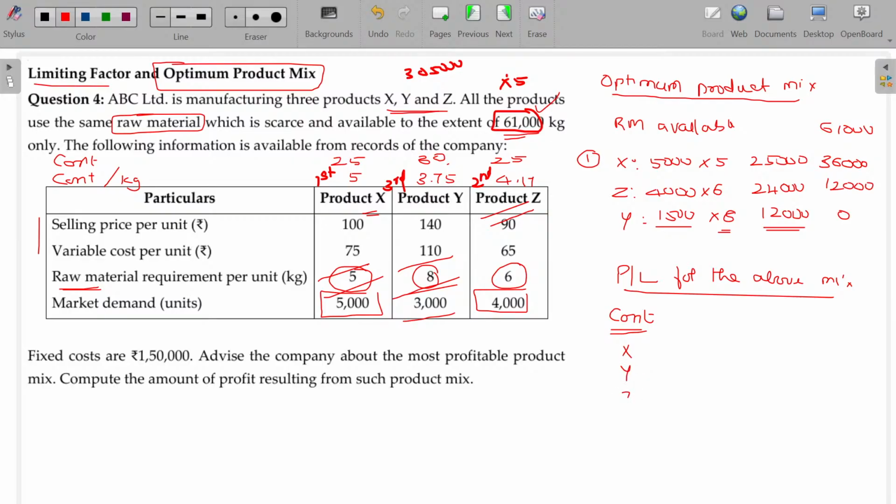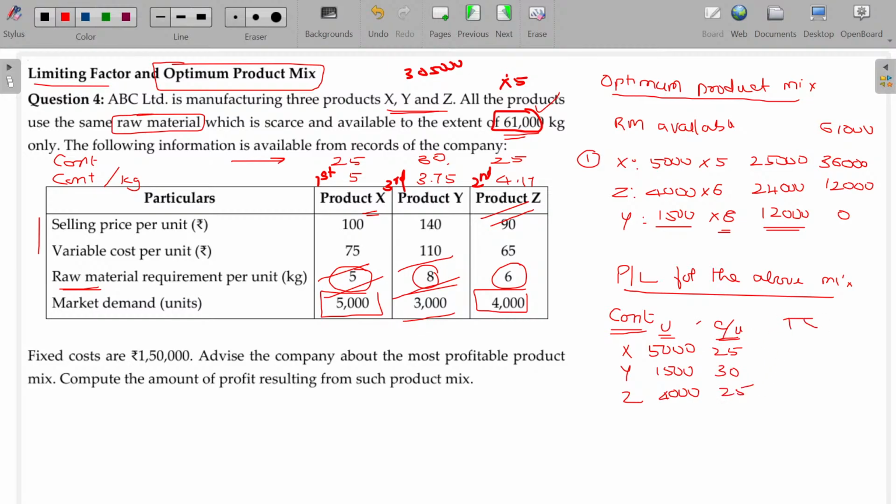X, Y, Z. Units being 5,000 units of X, 1,500 units of Y, 4,000 units of Z. Contribution per unit being this one 25, 30, 25.